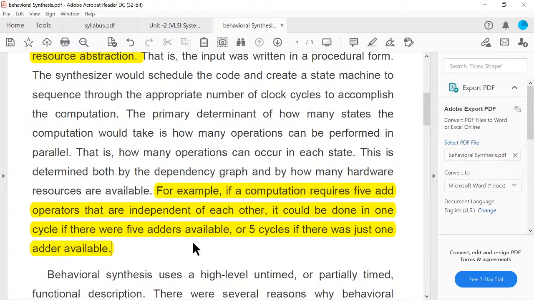It means that if there are five different adders, and they all are independent, then in only one machine cycle all provide their output, and we can provide their output to some other operations, because all these adders are independent. So the output of one adder does not affect the output of another adder.